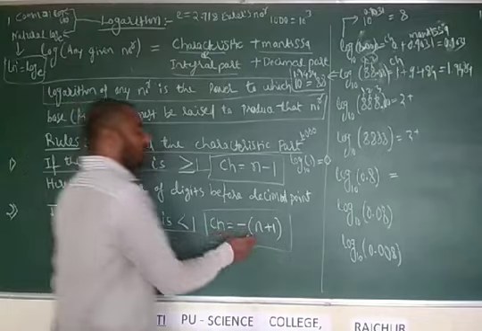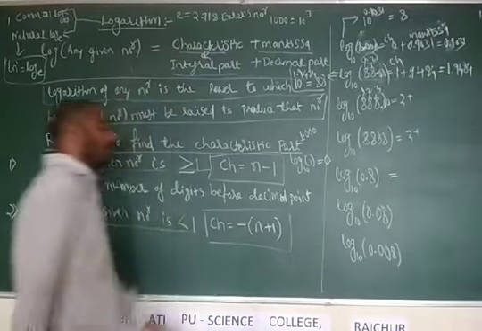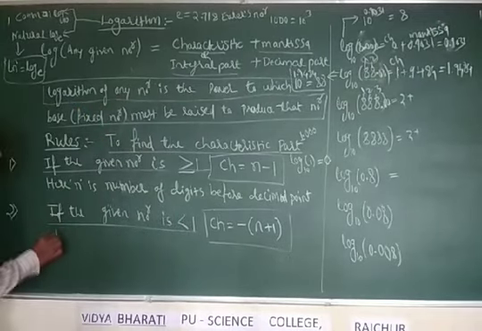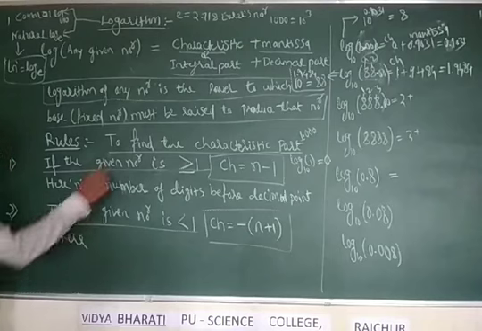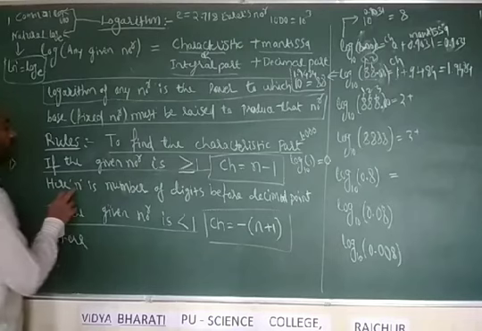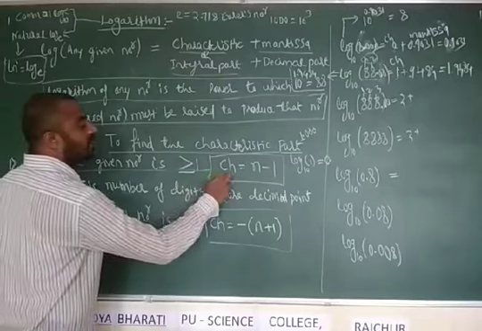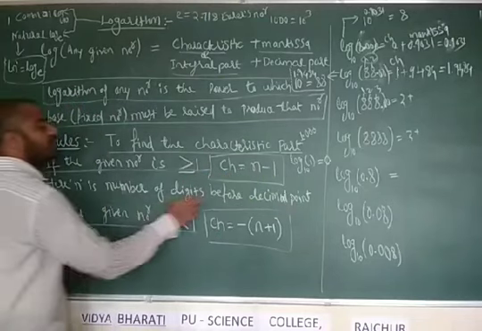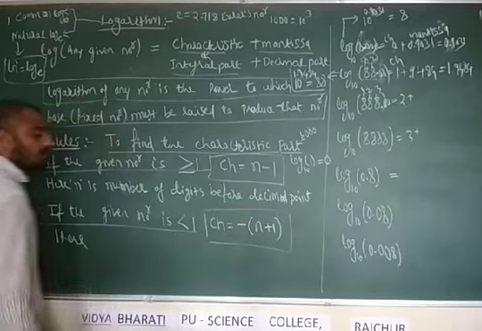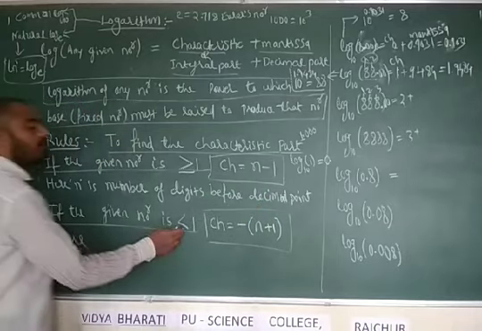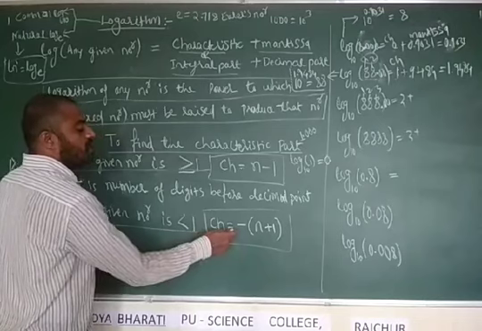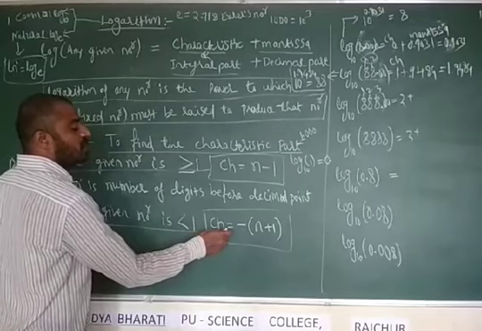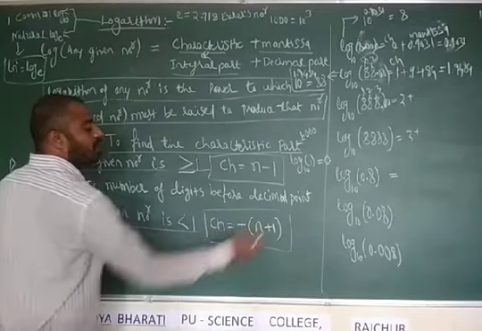Make use of this minus of n plus 1. Here n is, if the given number is greater than 1, where we have to follow this rule, characteristic is equal to n minus 1, what is n there? n is the number of digits before the decimal point. If the given number is less than 1, we have to make use of this formula. Which formula? Characteristic is equal to minus of n plus 1.